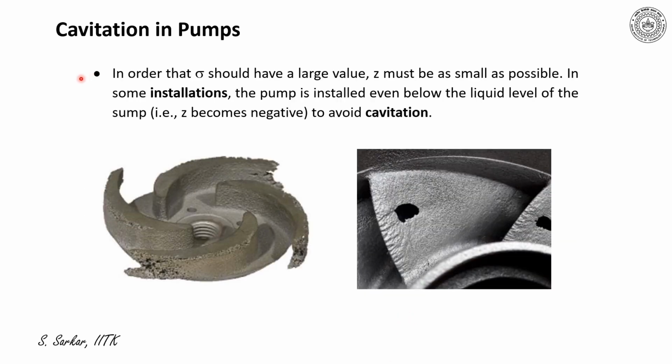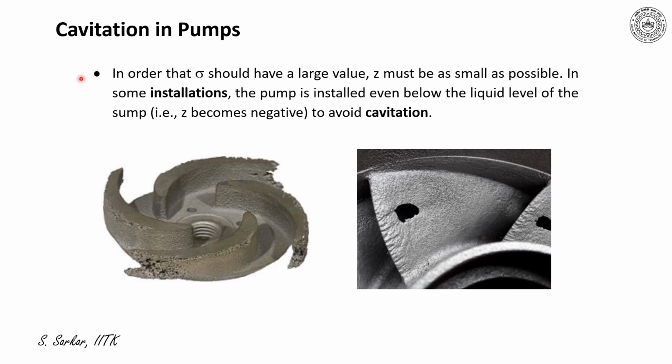In order that sigma should have a large value, Z must be as small as possible. In some installations, the pump is installed even below the liquid level of the sump to avoid cavitation.